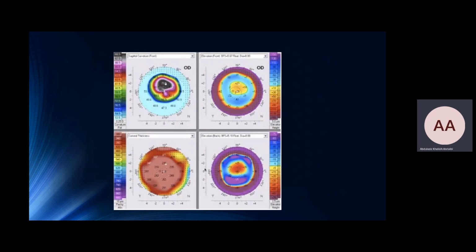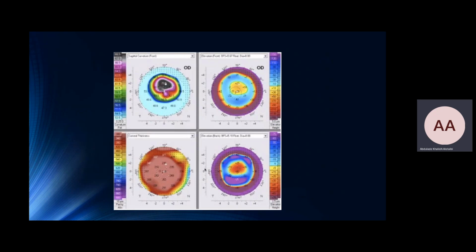The first picture, the curvature picture, is showing an area of flat in the periphery with an area of steepening in the center. The front curvature is high all over the cornea, higher in the center. So it's flatter compared to the center, but it's steep all over.